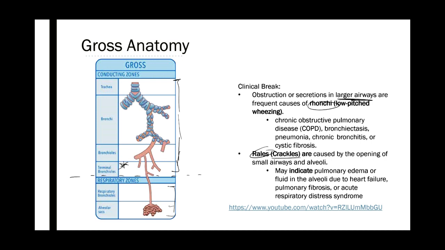If I had $1 for every time I saw that on a test question, all that means is the alveoli are covered in fluid, and usually bibasilar crackles means heart failure, because the fluid's getting backed up and kind of soaking the alveoli and compressing them. You'll also hear crackles in pulmonary fibrosis, ARDS. This is from Dirty Yosemite's video. He has a really good mnemonic: rales in the tails, right? And then rhonchi in the bronchi. So that's a good way to remember it.